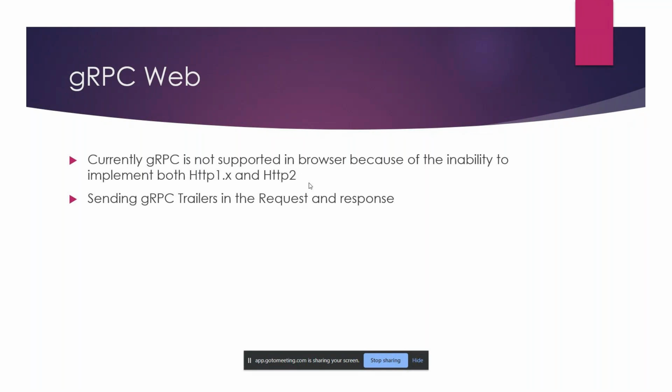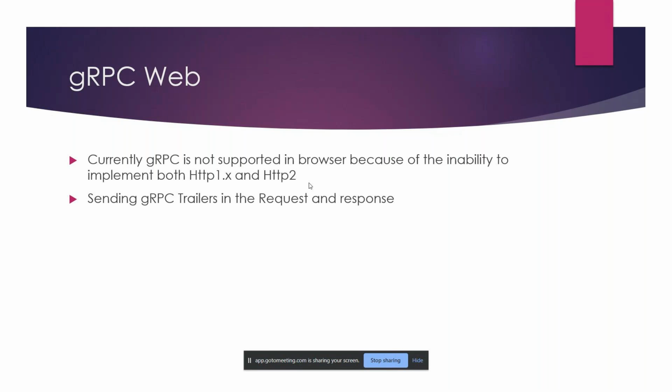The next problem in adopting grpc in the browser is that built-in browser support is needed for sending grpc trailers in the request and response. Because of these two main reasons, grpc is not supported as a native thing in the browser.